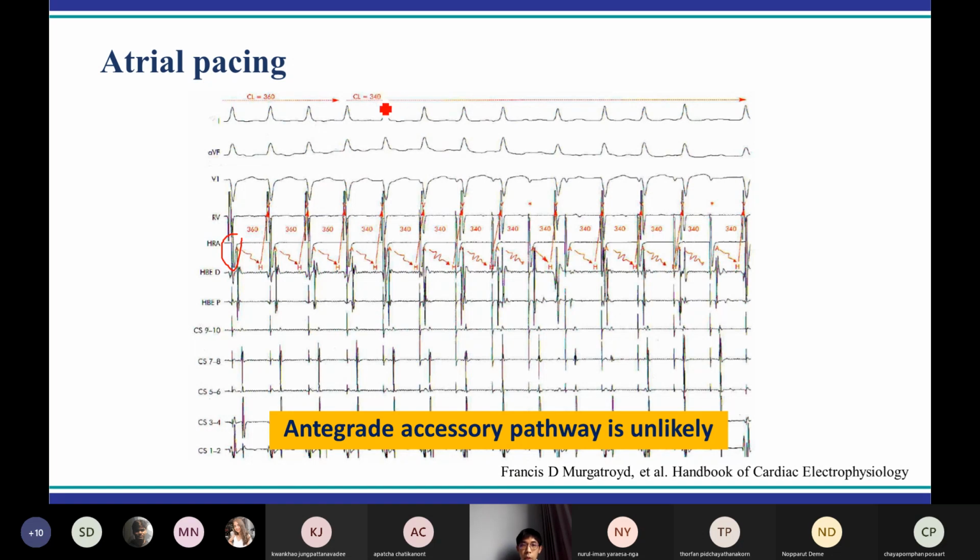And when you pace faster here, there's A going to His and V. A, His, V, and you see that the HV interval is shorter and shorter here. The His signal goes inside the QRS complex in the surface ECG.